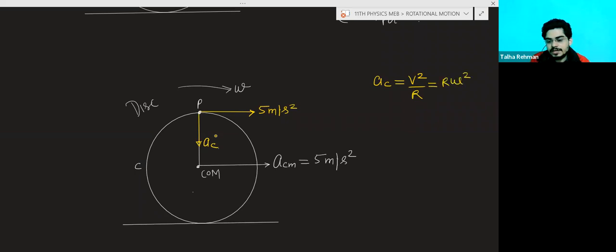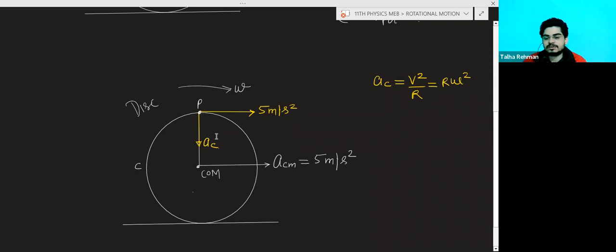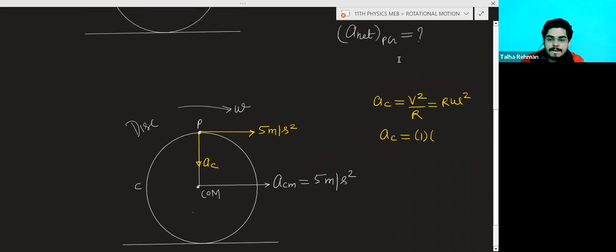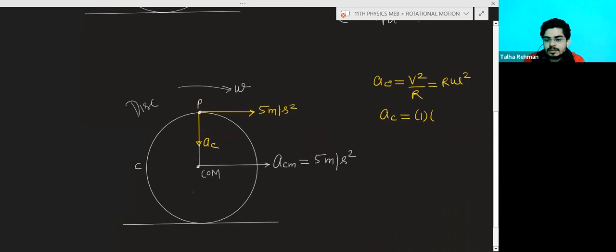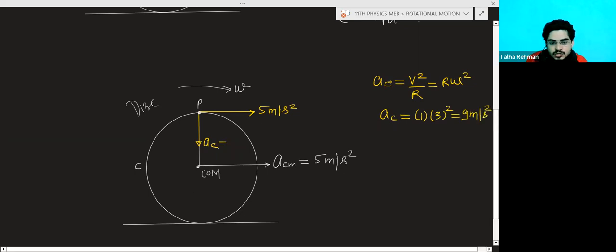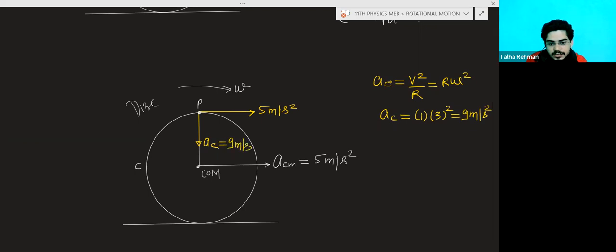There are two formulas of the centripetal acceleration, v square by r and r omega square. When you put v is equal to r omega, you get this formula. R is 1 and omega square means 3 square, that is 9. So we have 9 meter per second square in this direction as centripetal acceleration.